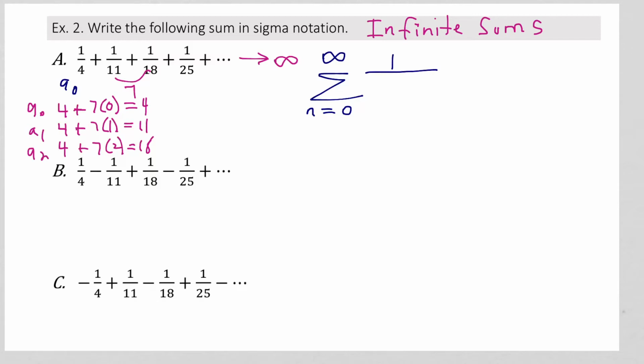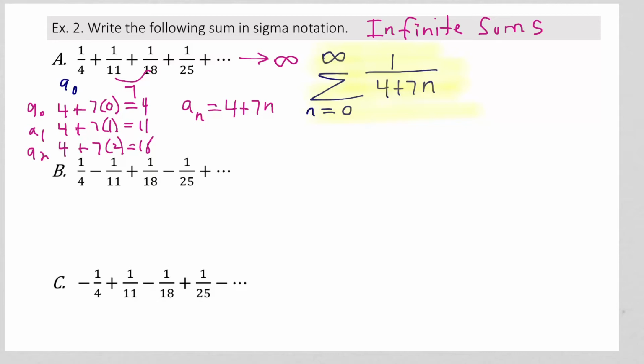So that means A sub n is equal to 4 plus 7n. So we put that in the denominator here, 4 plus 7n.